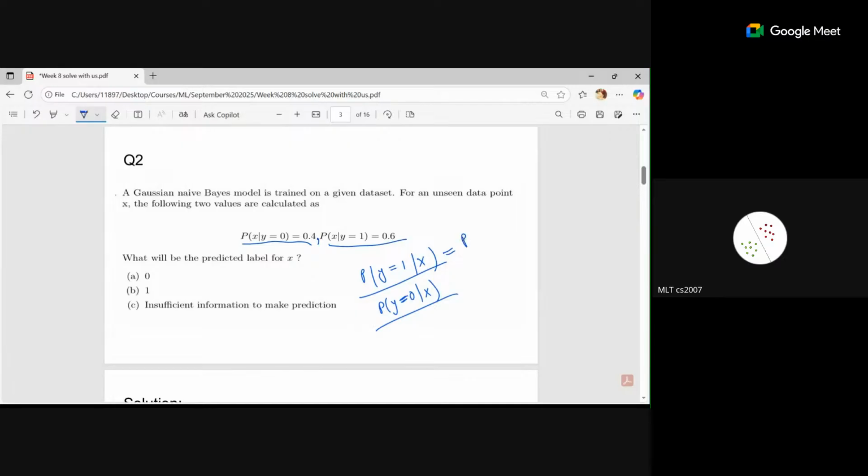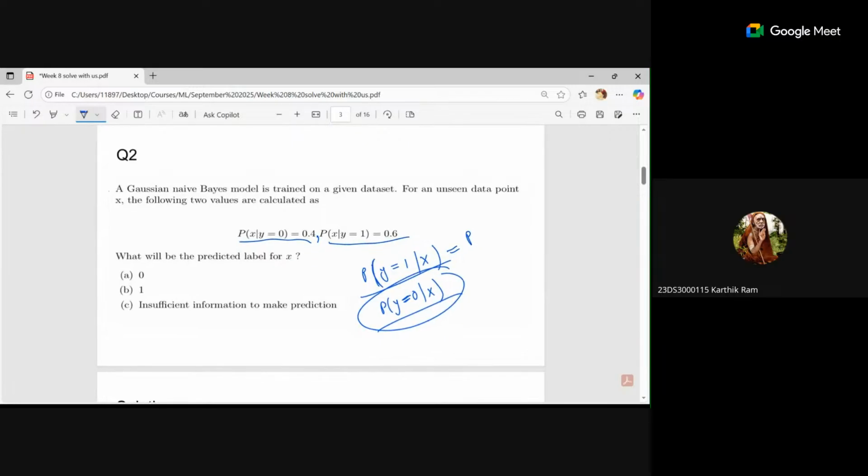If you have to predict y equal to 1 or 0, I need to know what these probabilities are. Even if I give 1,000 features for an unseen data point, it doesn't matter. Still my probability of y equal to 1 is missing, and I cannot say for sure what probability I'm going to get.